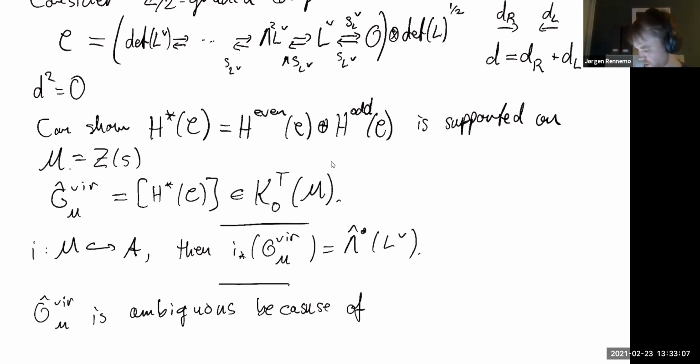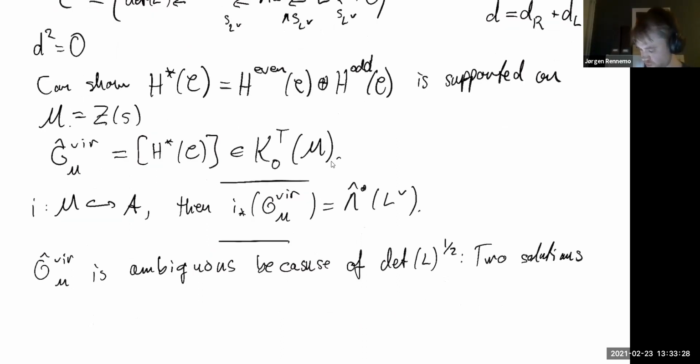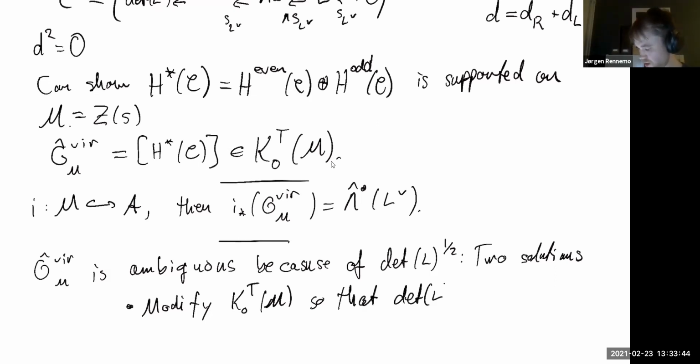In general it might be that the square root is unique, but you can't expect that. Line bundles can have multiple different square roots. So there are two solutions to that. One is to modify the K-theory so that the square root becomes unique.